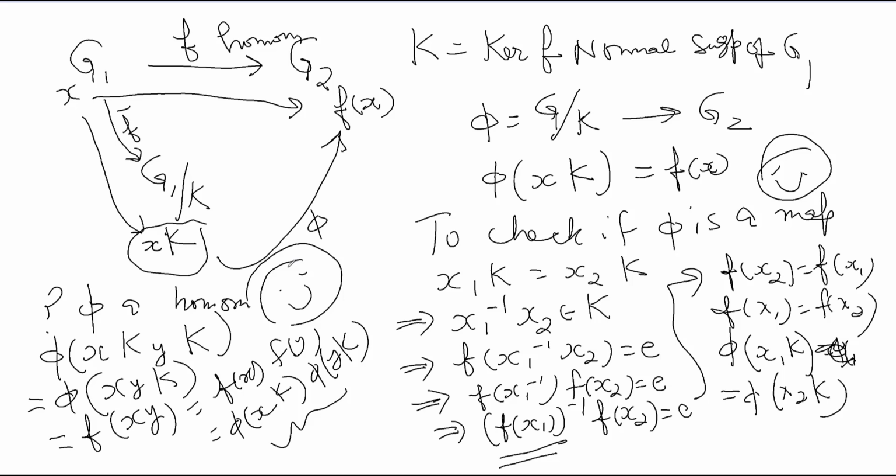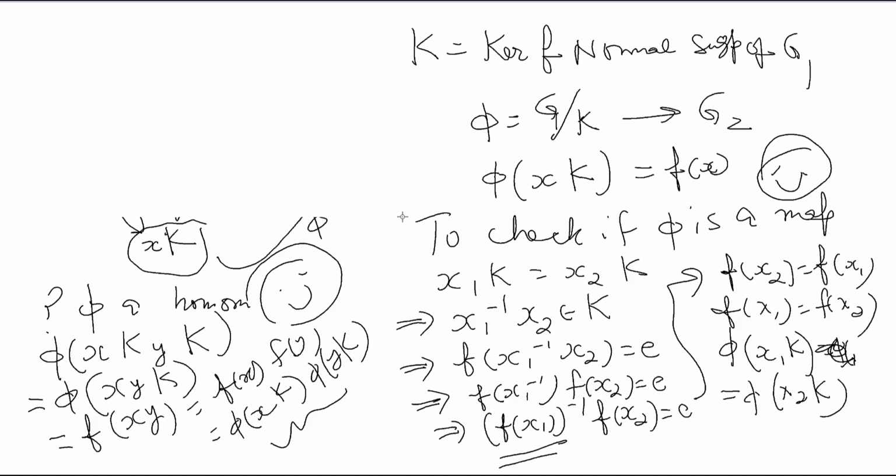So let me erase this and we will come back to this later. We'll sketch it again because what I want to check now is whether phi is 1-1. So the question is, is phi 1-1, and who is phi?